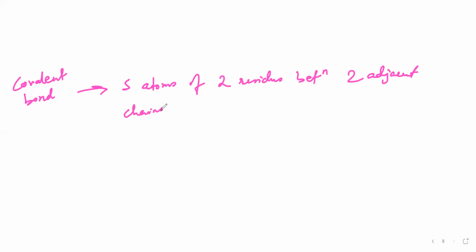Between the S atoms, like the disulfide linkage, right? S-S. This is called the disulfide linkage. Di means two, sulfide S, right? So these are called covalent bonding. Okay, so if a protein structure needs to get stabilized, these are some of the forces which act on it.